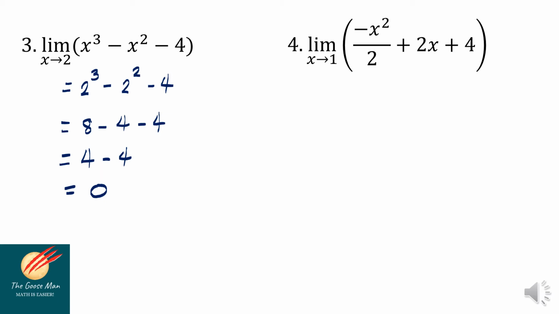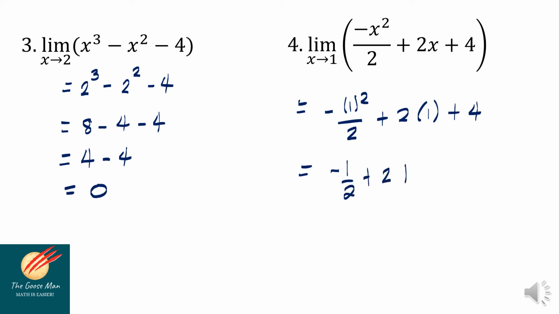Next, number 4, the limit of negative x squared all over 2 plus 2x plus 4. Again, using the direct substitution, we can have negative 1 squared all over 2 plus 2 times 1 plus 4. So we have here negative 1 over 2 plus 2 plus 4.